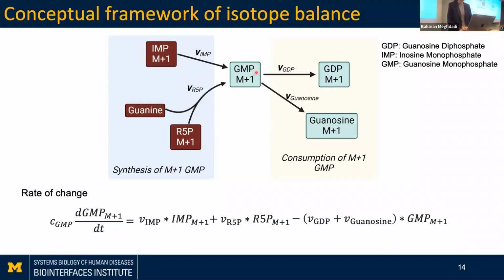And GMP is also consumed through these two reactions, GMP to GDP and GMP to guanosine. So when we write the mass balance on GMP N+1, it would be 2 terms producing and 2 terms consuming GMP. And on the left, we have the accumulation of GMP N+1.